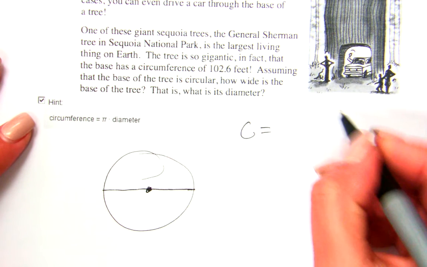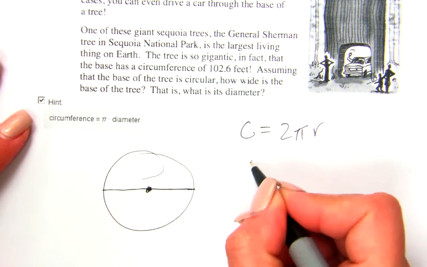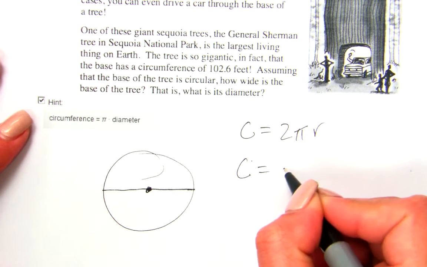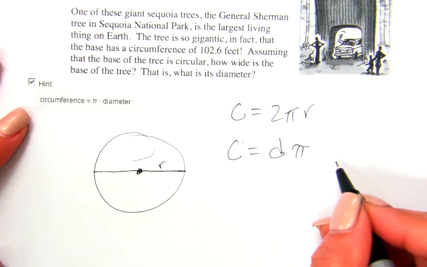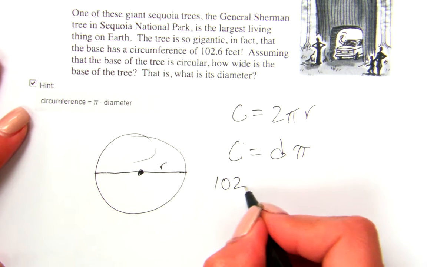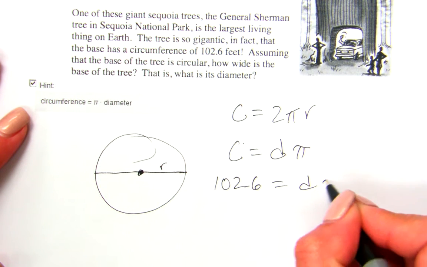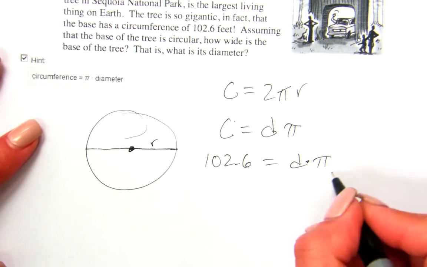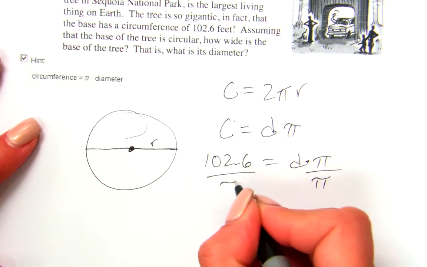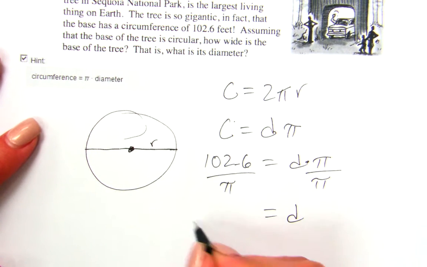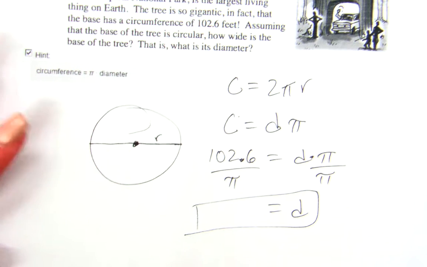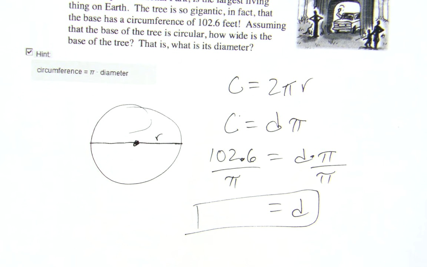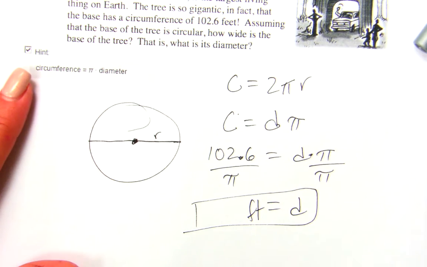Your circumference is 2 pi times your radius, or better known as circumference is your diameter times pi, because 2 of the radii is just your diameter. Your circumference is 102.6. So divide by pi on both sides on your calculator and get the diameter. So what's 102.6 divided by pi? You need to actually do that on your own. That's your diameter in feet.